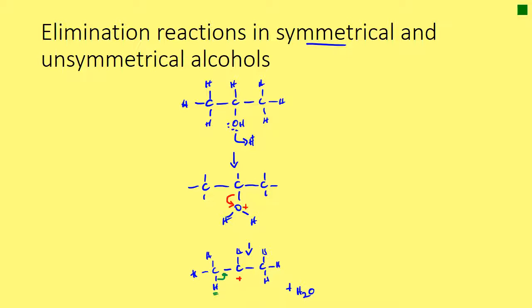We could lose that hydrogen as a hydrogen ion and take its electrons to make a double bond in the position that I've indicated there in green, or let's take purple, and it could equally easily be the other side. So it could be this hydrogen atom that provides its electrons in that bond there.